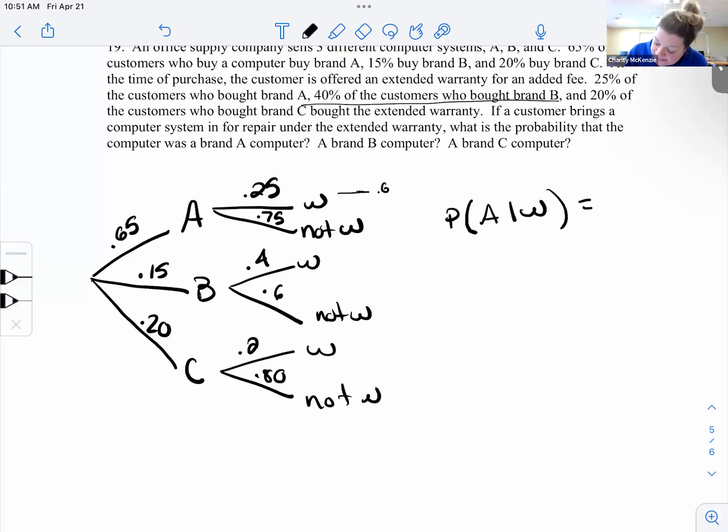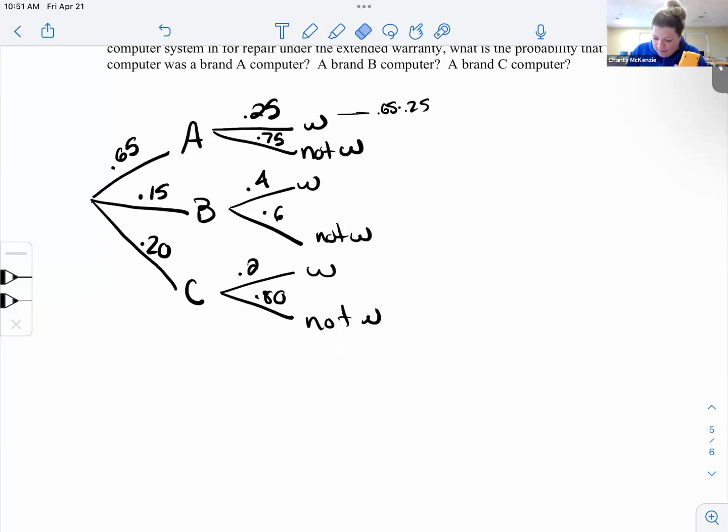That's going to be 0.65 times 0.25. So the probability of A given warranty. We're going to have 0.65 times 0.25, which is 0.1625, right?